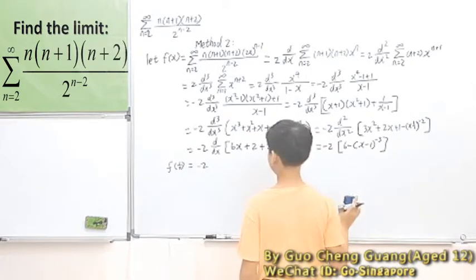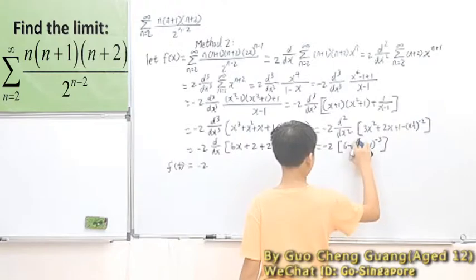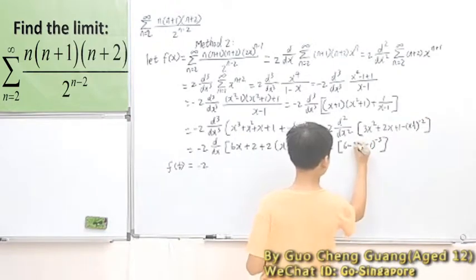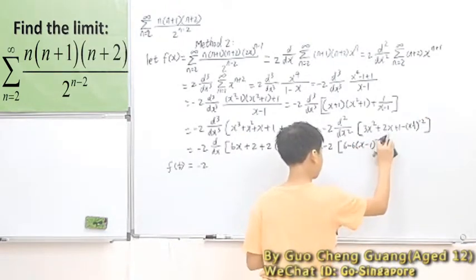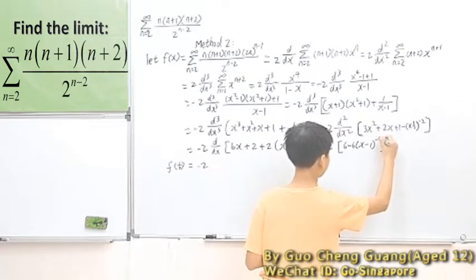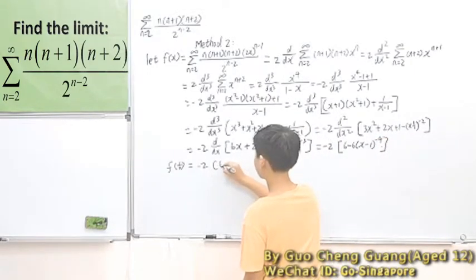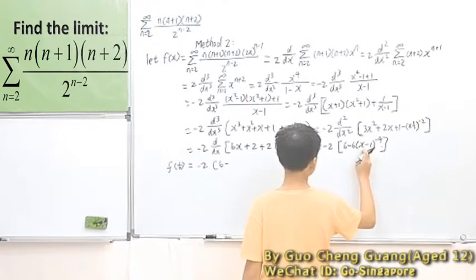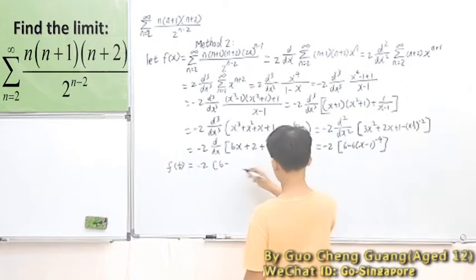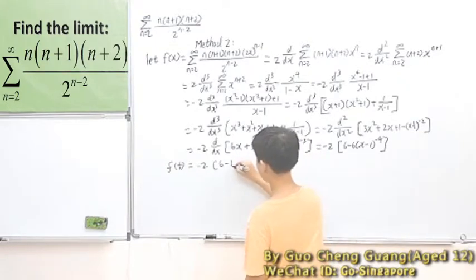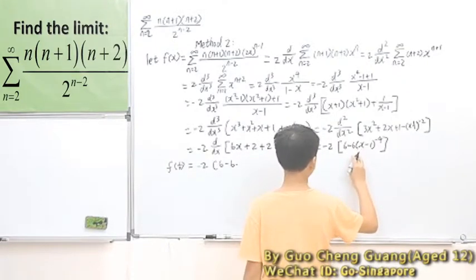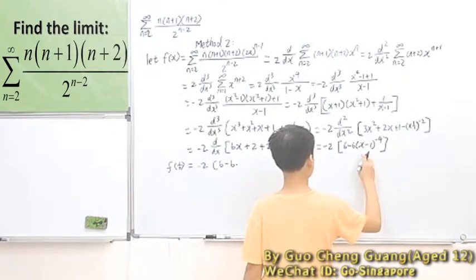Wait a second. I missed out one part. Like this. So that means this, well, is still a negative outside here. Yep. Then you have a 6 times. What is this?